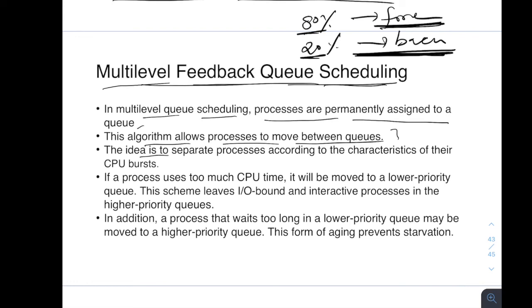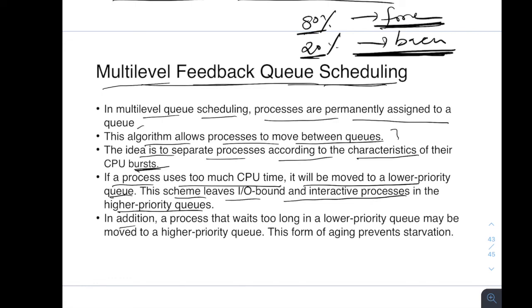Basically, the idea here is to separate processes according to the characteristics of their CPU burst. That means if a process uses too much CPU time, it will move to a lower priority queue. This scheme leaves IO bound and interactive processes in the higher priority queue. So here the scheduling is dynamic. Depending on the CPU burst time, one process can be kicked out from one queue and placed into another queue.